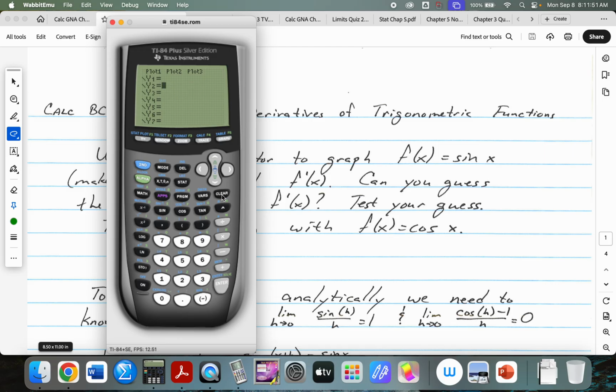Clearing out these things from the homework. So we're going to do sine of x, make it bold, and then graph the derivative of that. So that's Math 8.